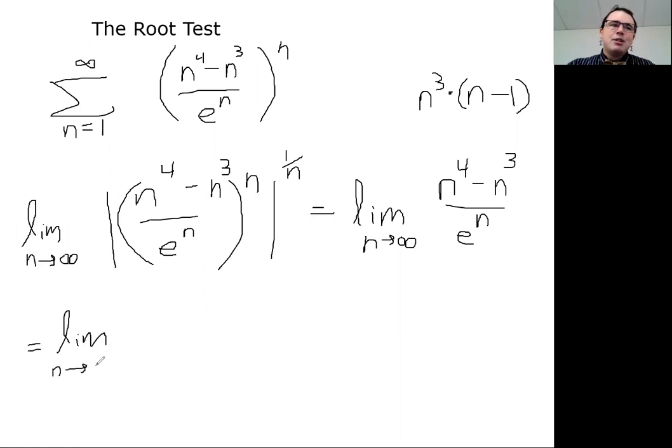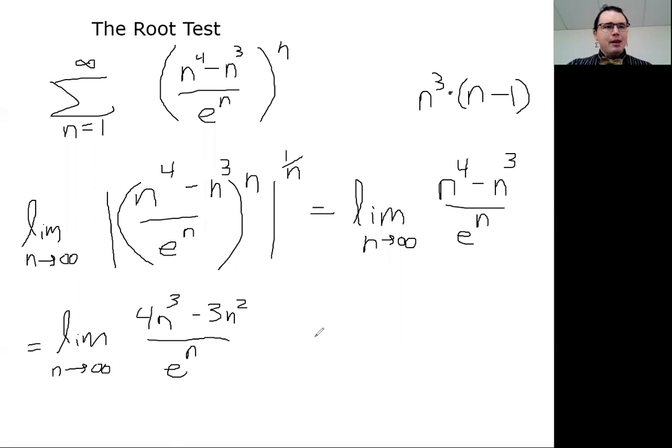And what that allows me to do is to simplify my limit calculation by replacing the numerator with its derivative. I'll get 4n cubed minus 3n squared, all divided by e to the power n, since the exponential function is its own derivative.